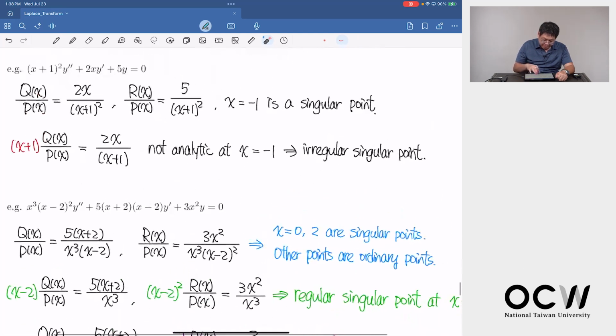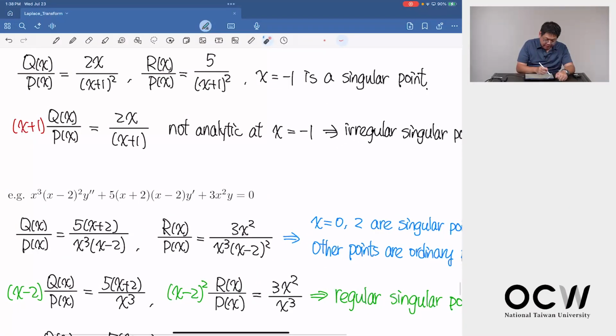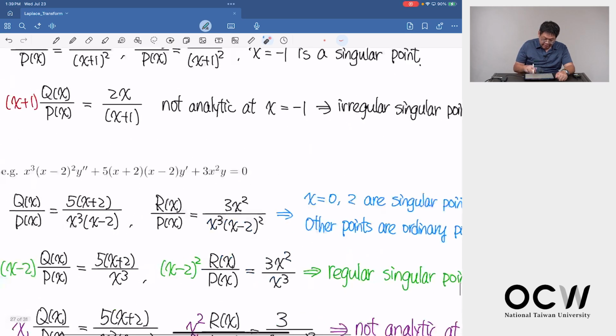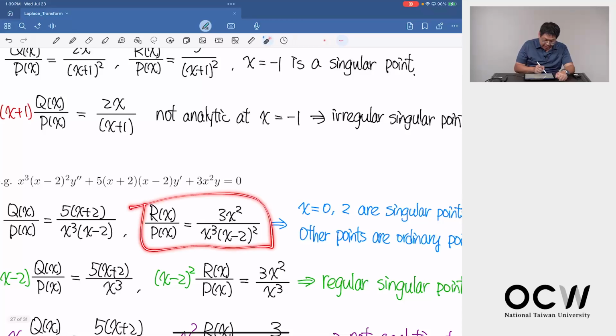Next example, I have my p of x, q of x, and also my r of x. So here we have the fraction q over p, and this is r over p. In this case, see the denominator.